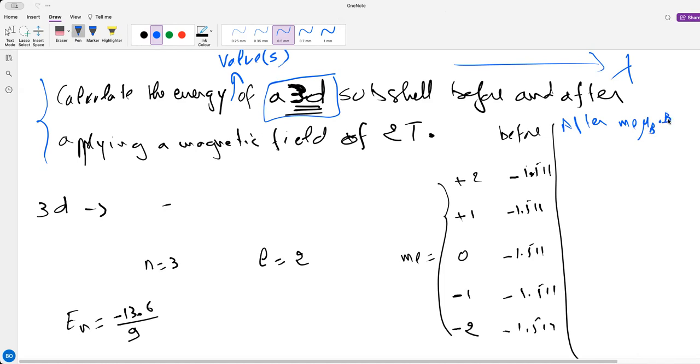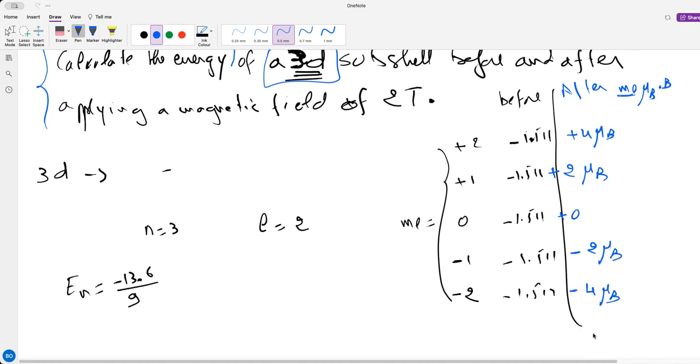For this one, ml is 2 and the magnetic field is 2, so this will be plus 4 μB, and μB is a given value. For here, ml is 1 and B is 2, so plus 2 μB, so minus 1.511 plus 2 μB. Here plus 0 because ml is equal to 0. Here minus 2 μB. Here minus 4 μB.